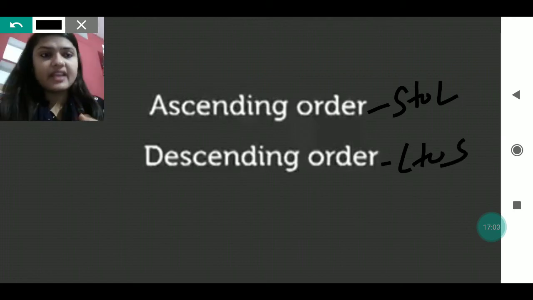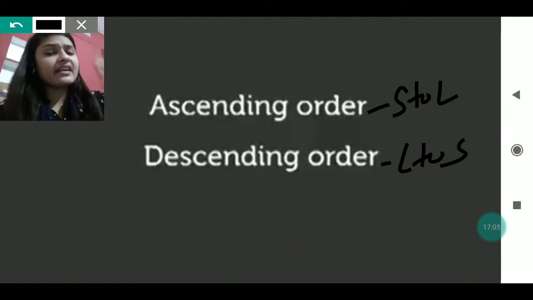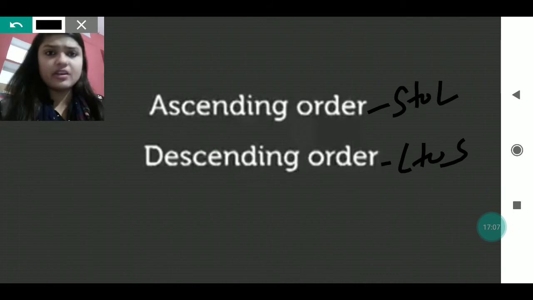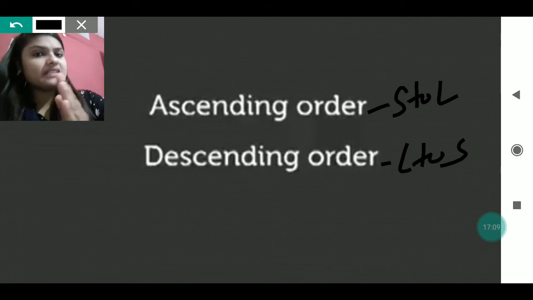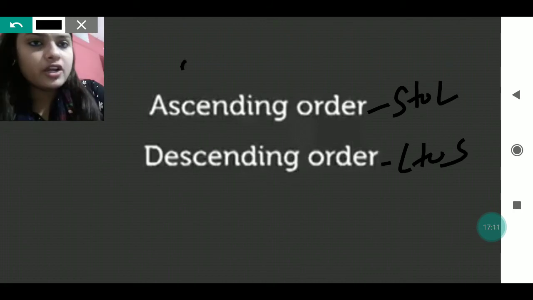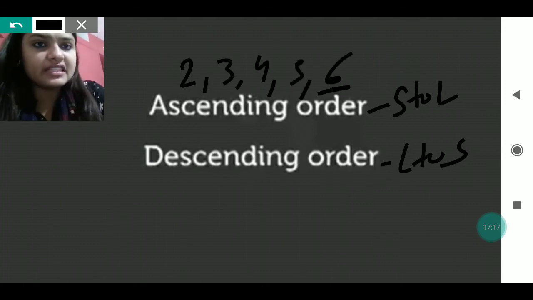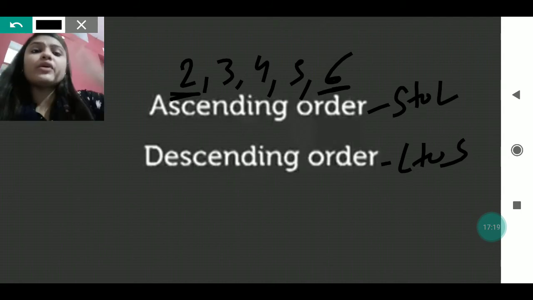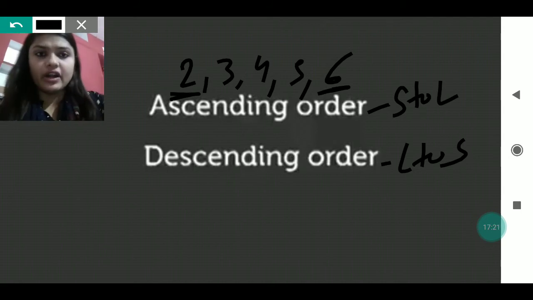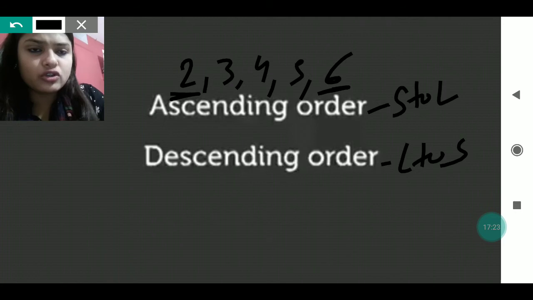In ascending we go in increasing order, from the smallest number to the largest, like 2, 3, 4, 5, 6. So the largest will come last and the smallest first. In descending we go in decreasing order.